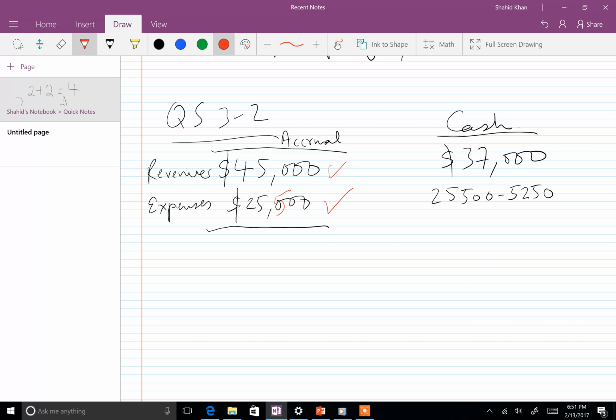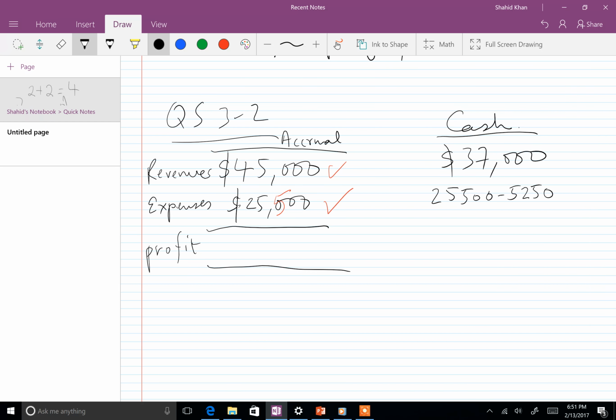So it's a mistake, 25,500. So I put down these figures for you, and then we can find this nice figure, which is the aim of this whole exercise: to find out the profit or net income, the performance, how this company does when it tries to make money, which is revenues minus its related or matched expenses, right?